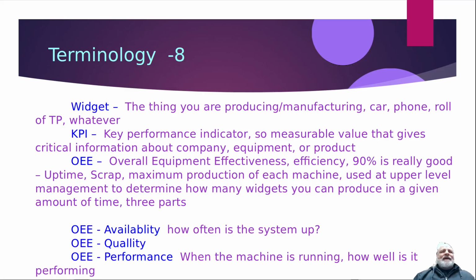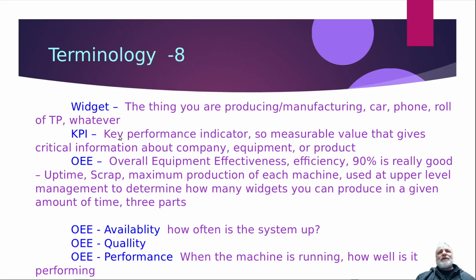All right, just a few more terms here and we'll be done. So a widget. A lot of times, when people are just talking about what you're building, they use this generic term widget, which could be a car, could be a phone, whatever it is that you're actually producing.